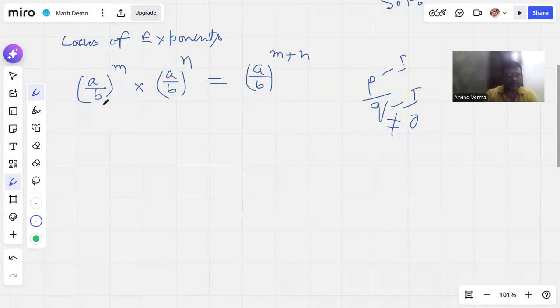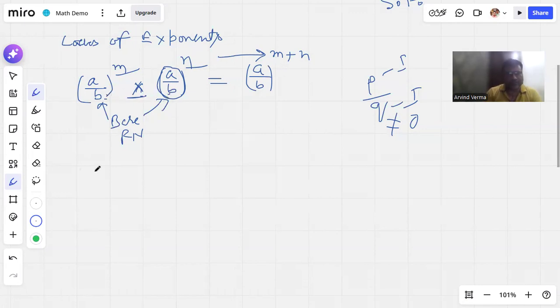These two are rational numbers, and the bases are the same, a upon b here and a upon b here also. So the base is the same and there is a multiplication operation, so we will add the exponents, m plus n. The condition is there is a multiplication sign and the bases are the same.